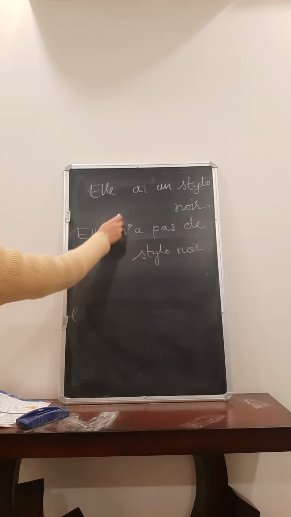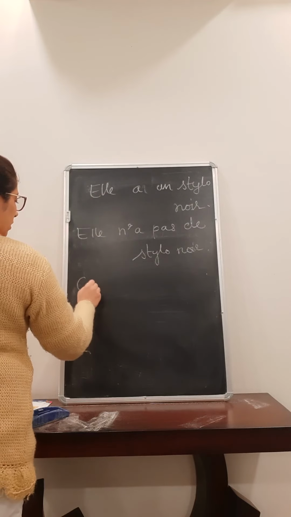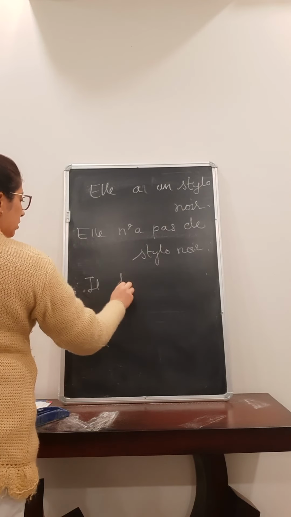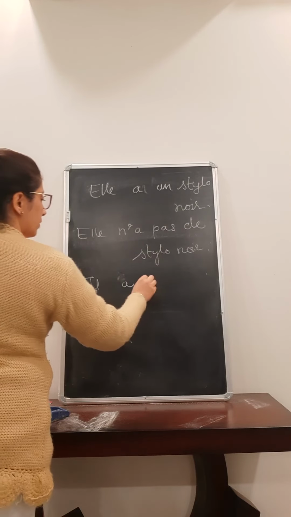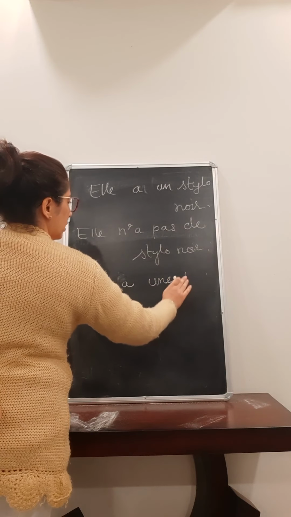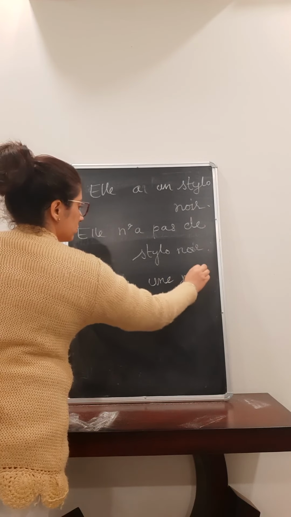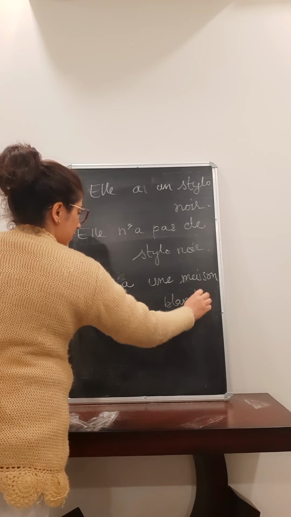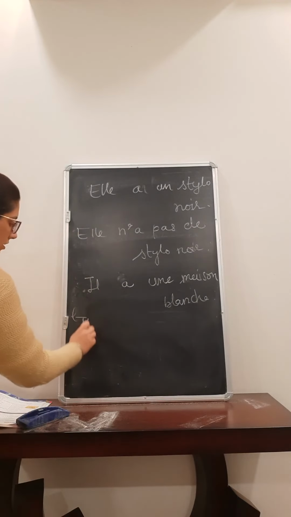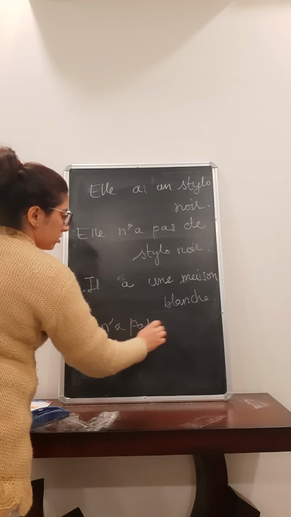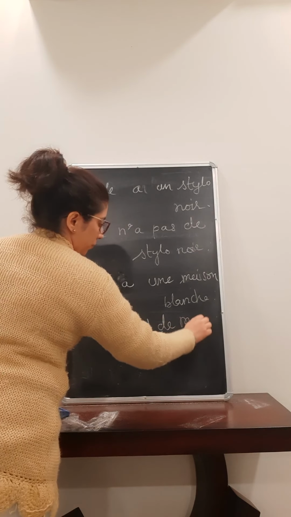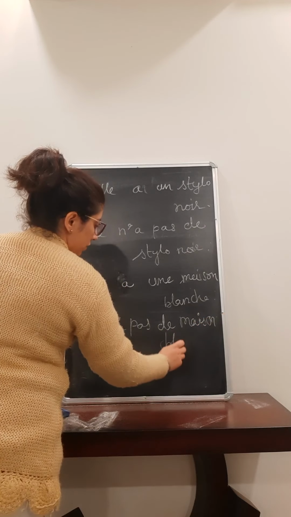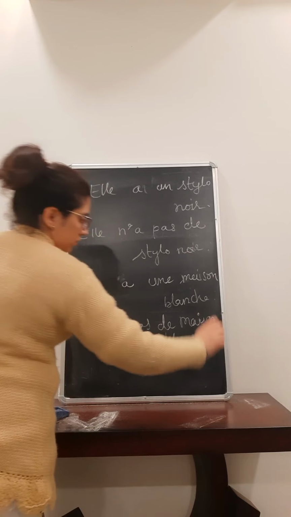One more example: il a une maison blanche. He has a white house. Now il n'a pas de maison blanche. He doesn't have a white house. We are not going to say he doesn't have one white house.